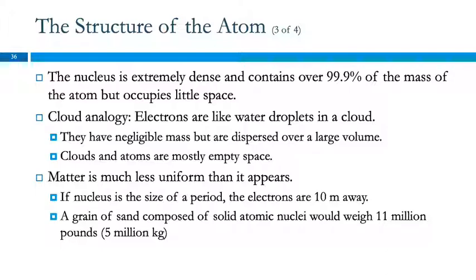That's 10 yards, right? So like way over here. So here's a period. That's where all the mass of the atom is. And the closest electron is way over there. What's in between? Nothing. Empty space.